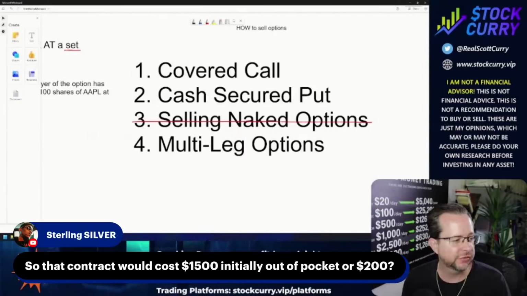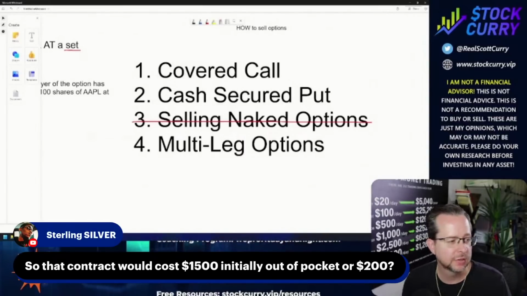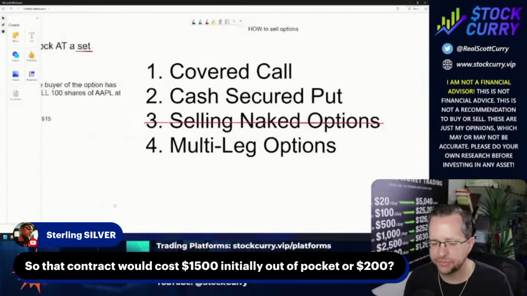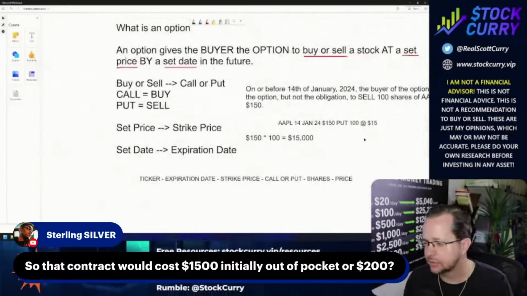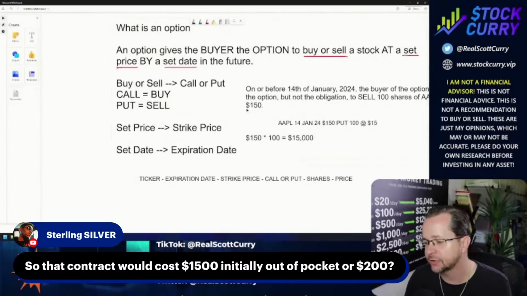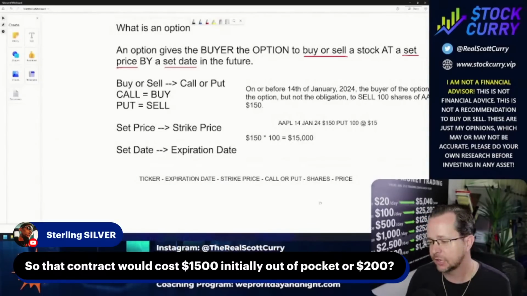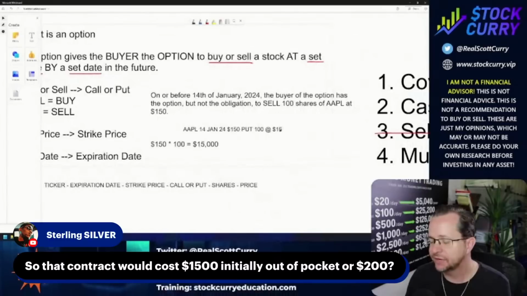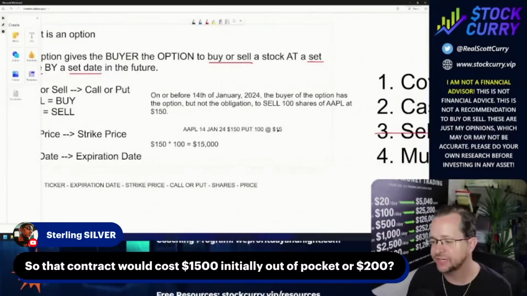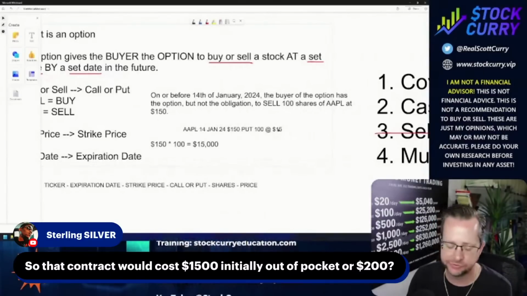Okay, so question: the contract would cost $1,500 initially? Yeah, you're talking about the $15 contract here. Would it cost $1,500 initially out of your pocket or $200? It would cost $1,500 out of your pocket initially, because if you buy this contract for $15, 15 times 100 shares is $1,500.